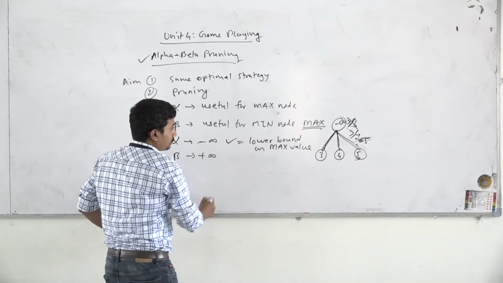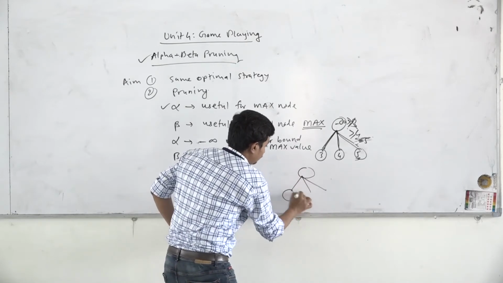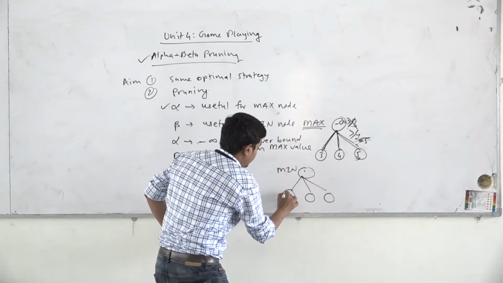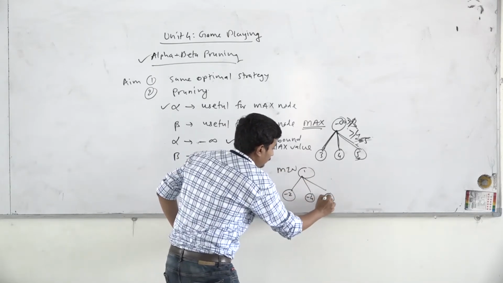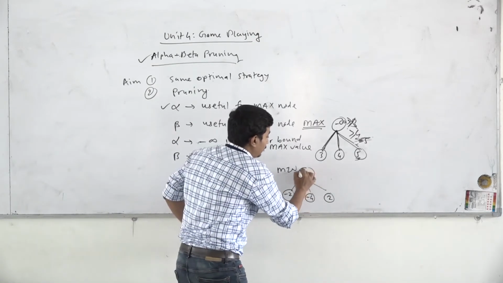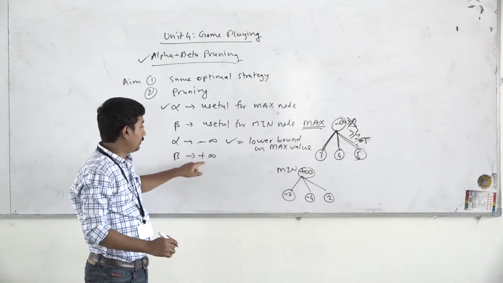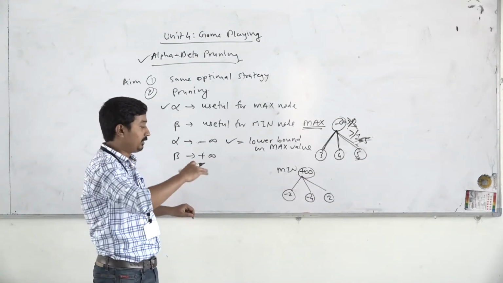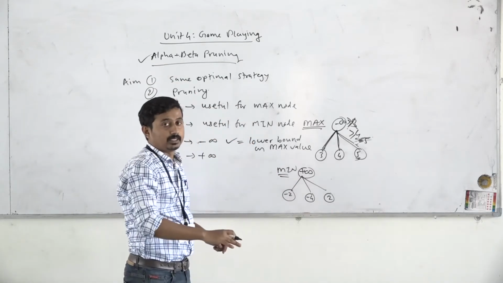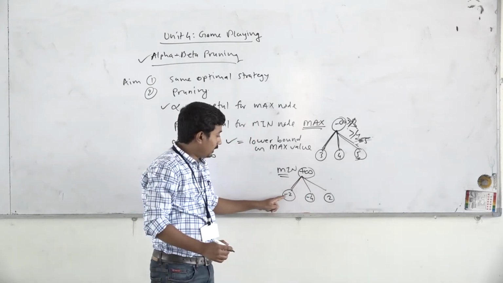Then beta. Consider this as the min node, and these are the values possible. We have set the beta value of the min node as plus infinity, which is the highest value possible. The min node wants to minimize the reward, right? Now we visit this node, and this is lower than that one.